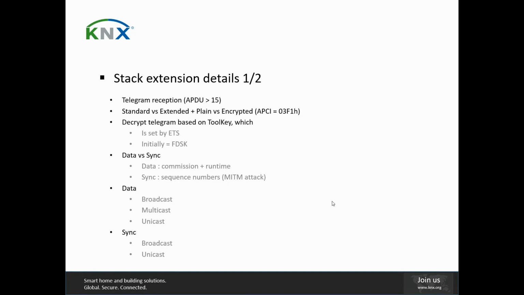So the device needs to support extended frames. Then the device also needs to be able to distinguish. Once it is able to support extended frames, it should also be able to recognize encrypted frames, to distinguish the plain ones from the secure ones.